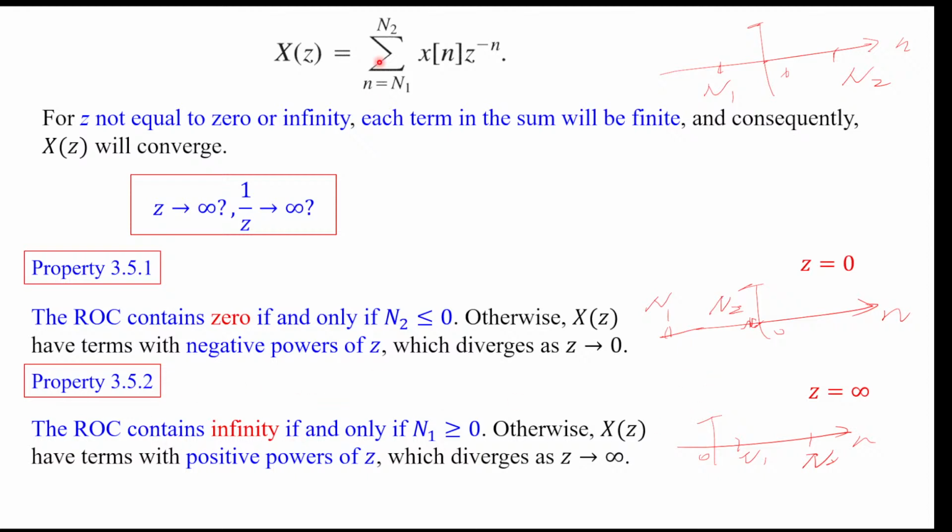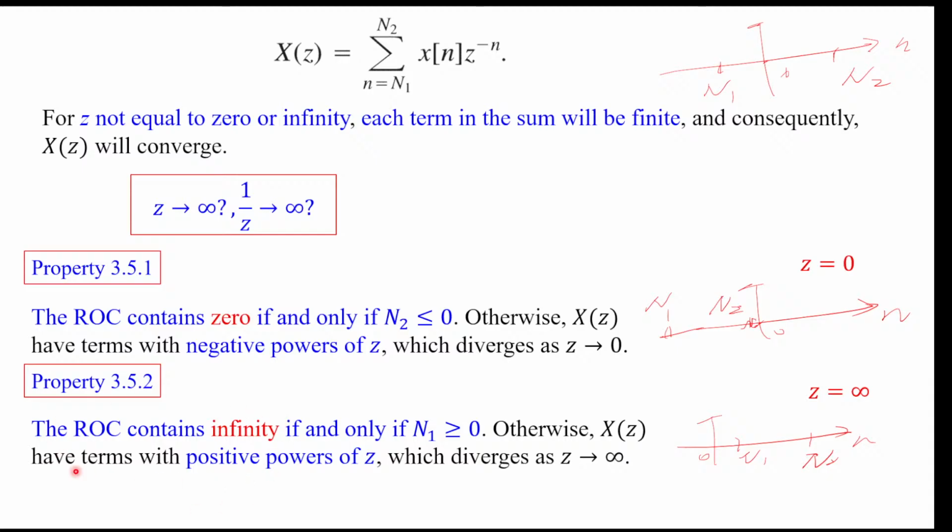That only happens when this n1 is greater than or equal to 0. That's because if n1 is smaller than 0, then you have non-zero terms with positive powers of z, and those terms will go to infinity as z goes to infinity. So this is the analysis of whether the ROC contains 0 and contains infinity.